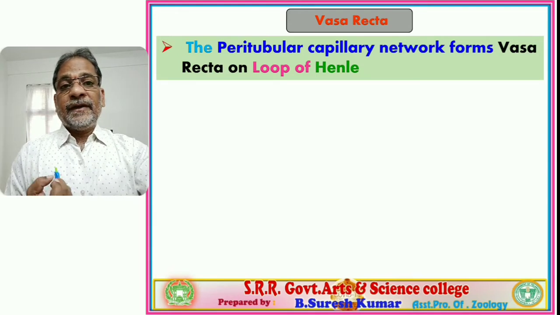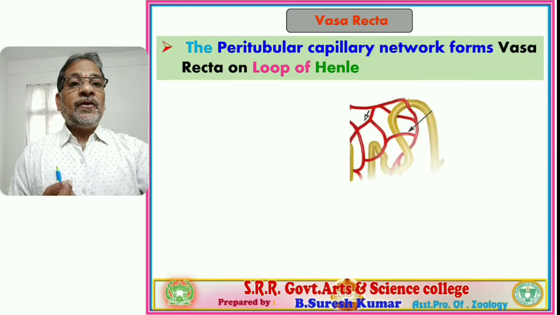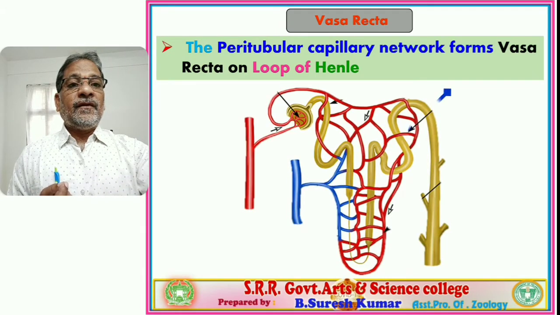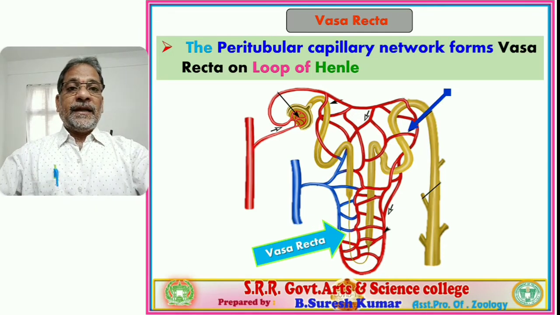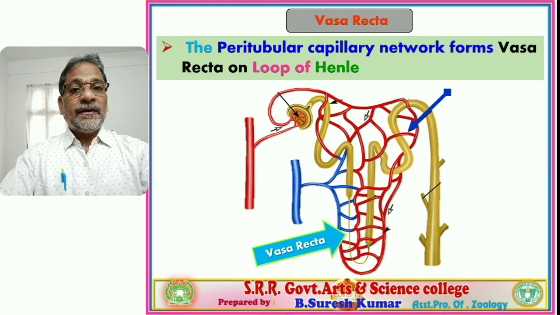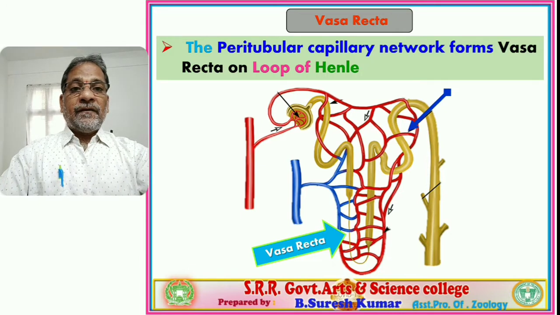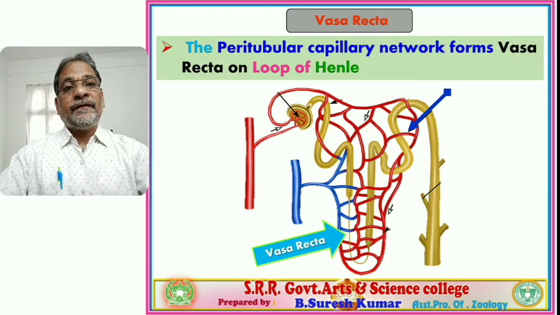The same vessel, the same efferent renal arteriole, goes on to form the same kind of network on the surface of the loop of Henle. The peritubular capillary network forms one more capillary network on the surface of the loop of Henle.